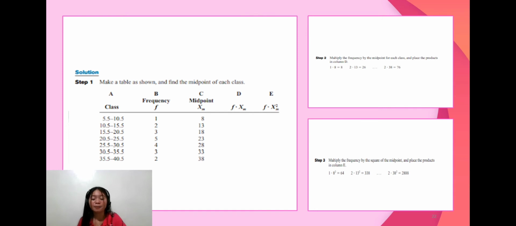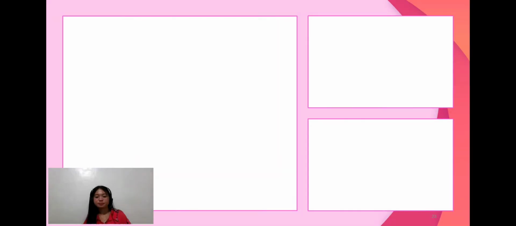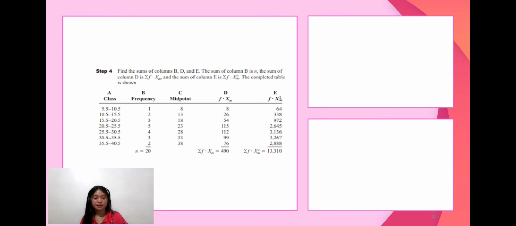Then the products we get we place in column E. So, we see the table with all the data. To get column D, we multiplied the frequency and the midpoint. To get column E, we squared the midpoint and multiplied by the frequency. Then we sum up column D, which equals 490.